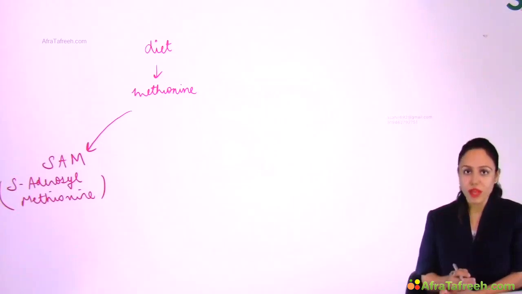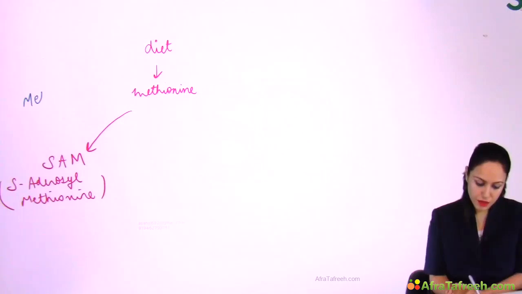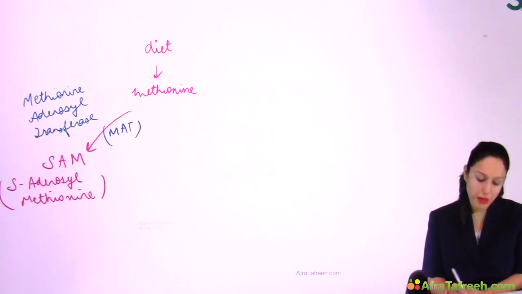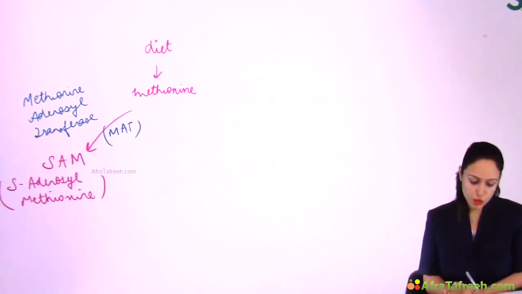And to make the S-adenosyl methionine, the enzyme required is methionine adenosyl transferase, that is short form MAT. MAT type 1 and 3 are in liver, and MAT type 2 is in extrahepatic tissues. Now let's continue with this SAM.